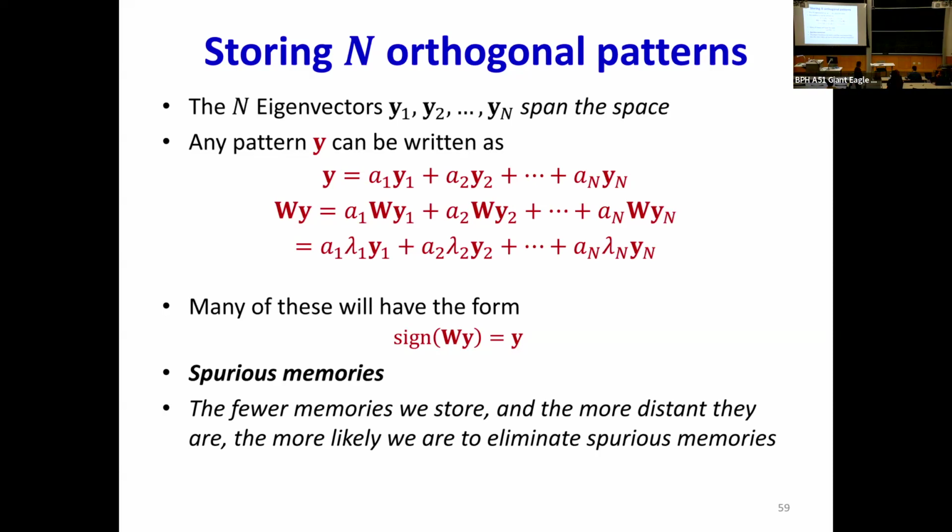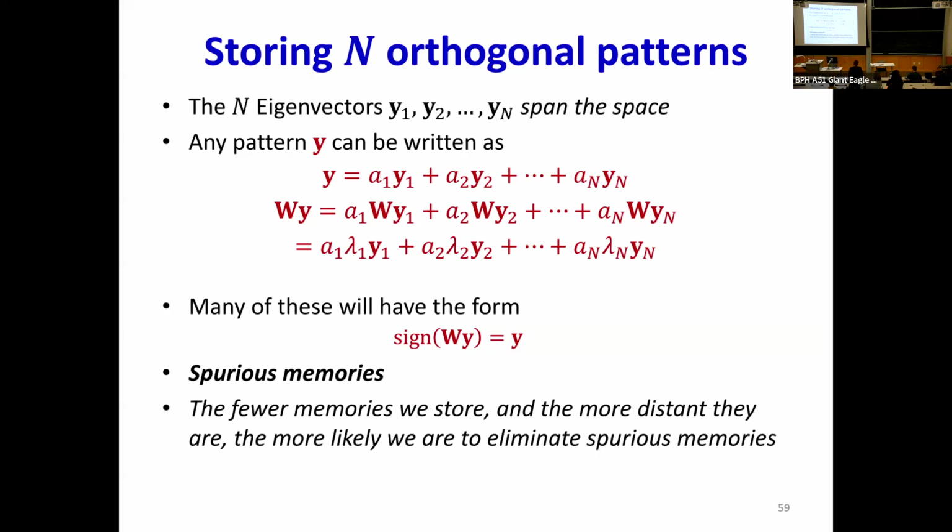Simply because if I just look at any particular vector, I can write it as a linear combination of the patterns that I'm storing. And because these y's span the space, I can just write wy as w times the summation of ai yi, which is simply going to get back to the summation over all eigenvectors of ai times lambda i yi, right? That is the characteristic of an eigenvector.